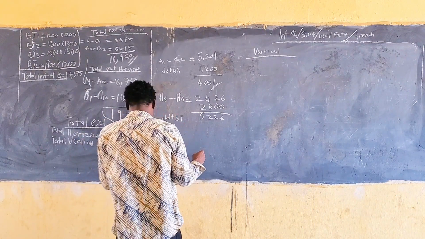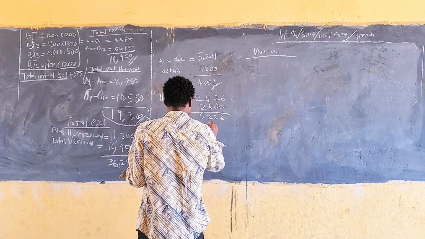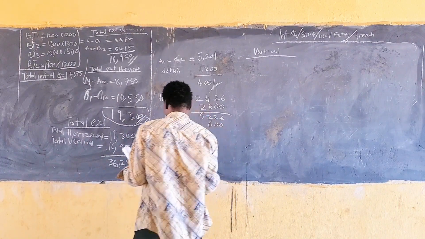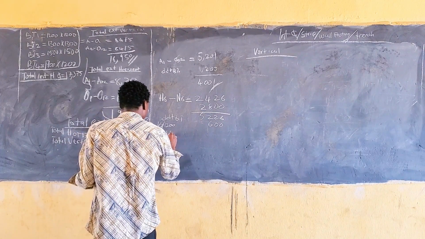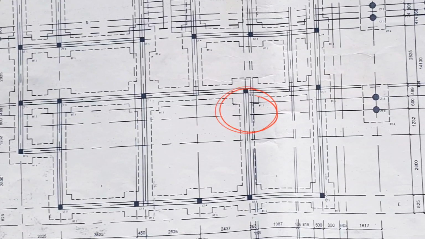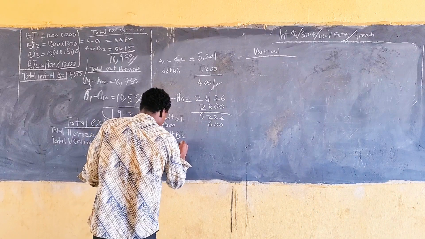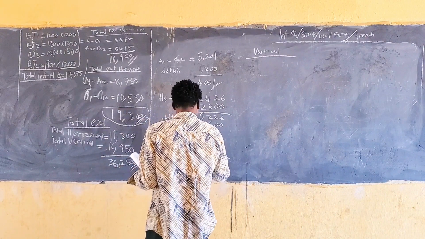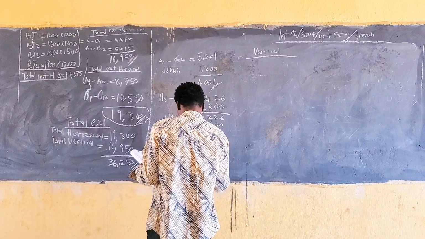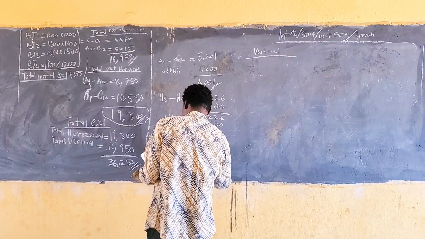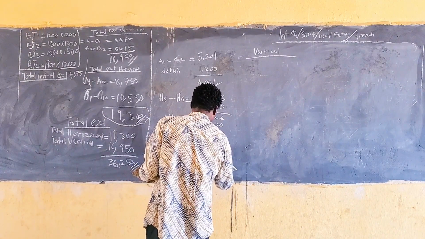So that's 600. There's also a base type 2. Deduct BT2. Similarly, only half falls on our dimension. So half by 1,300 to give us 650. And we'll get 3,976.